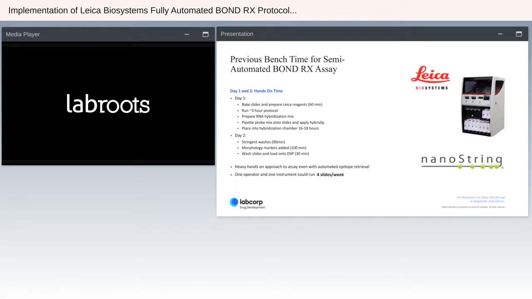And then after that, morphology markers are added, the slides are washed, and then loaded onto the DSP, which is an additional 30 minutes. So again, while it is semi-automated, it is still a heavy hands-on approach to the assay. And with one operator and one instrument, we were really limited to completing 4 slides a week.